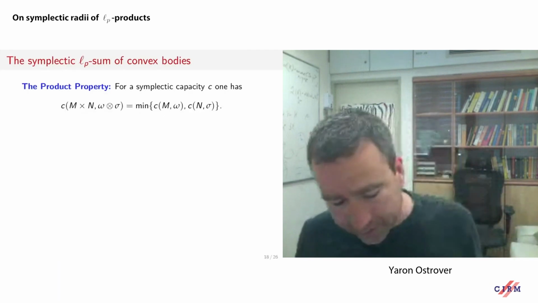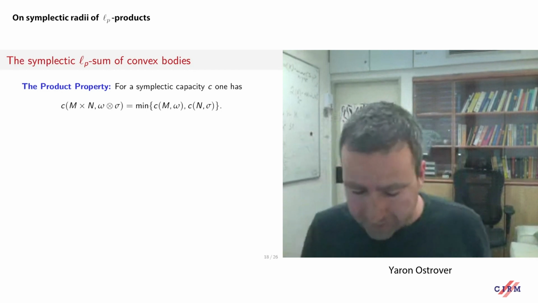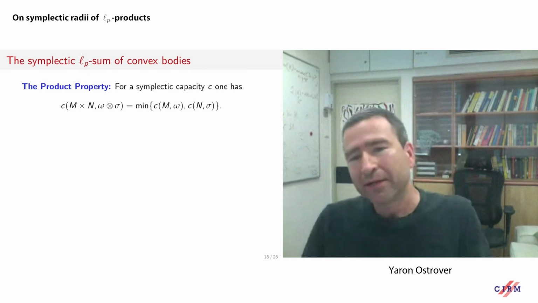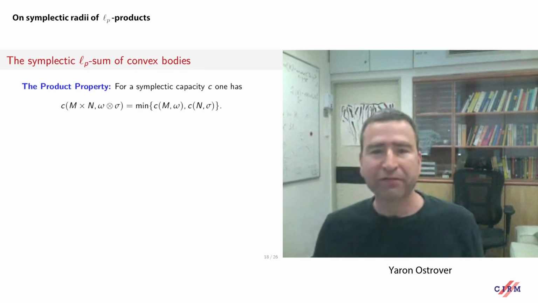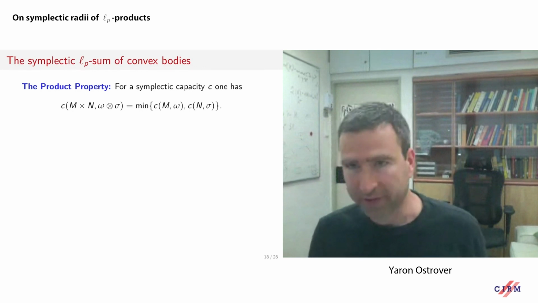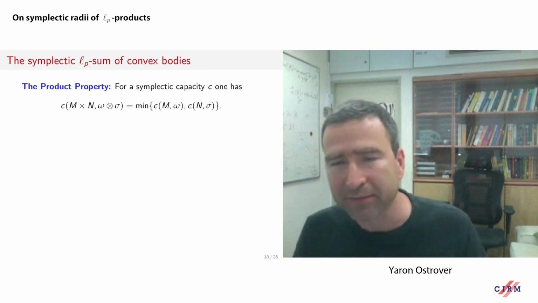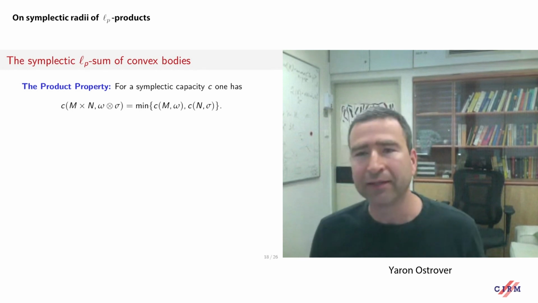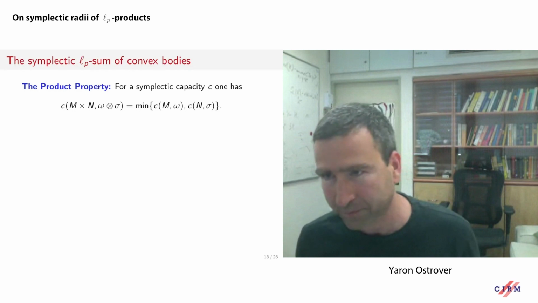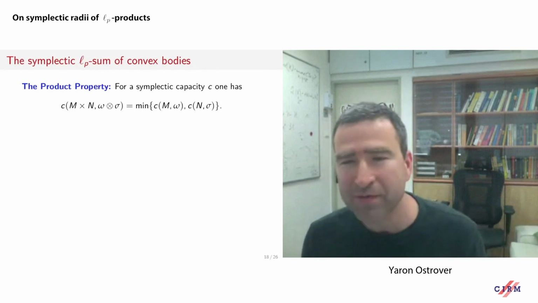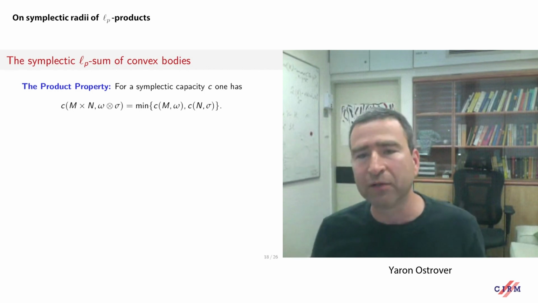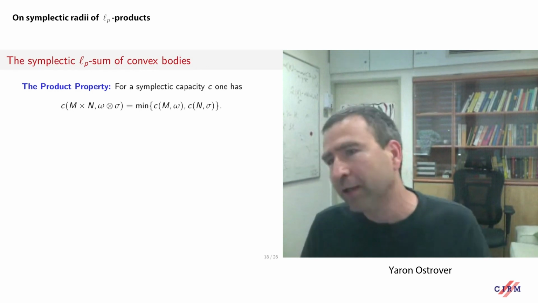Now, recall that when we have some symplectic capacity or some symplectic invariant, in many cases we have the so-called product property, especially for normalized symplectic capacities. So the symplectic invariant of the product is the minimum between these two invariants. For many well-known symplectic capacities and for a nice class of domains, this is known to be true.